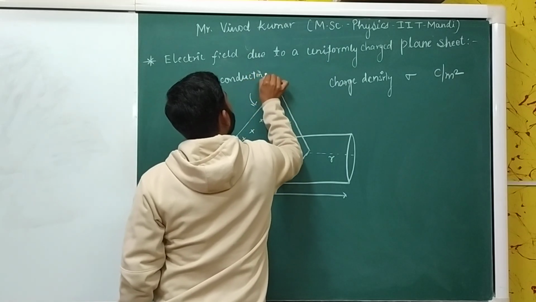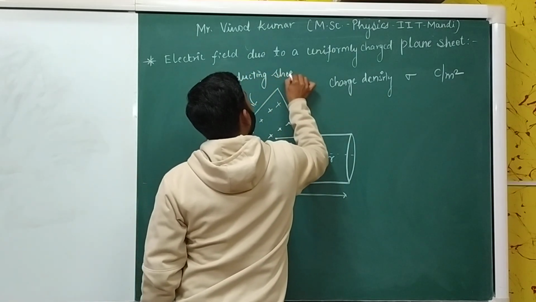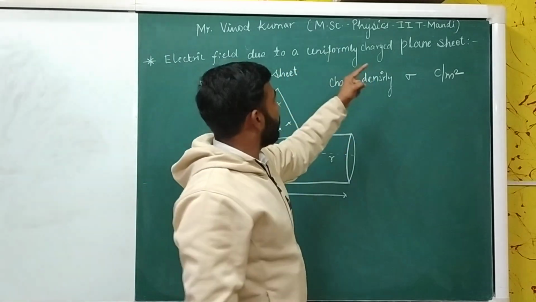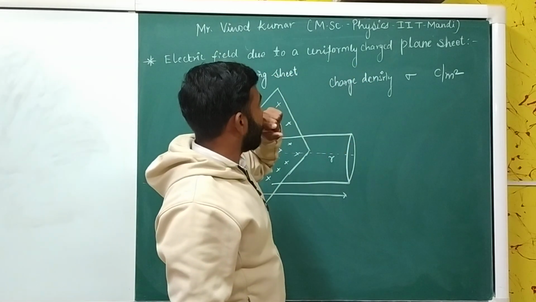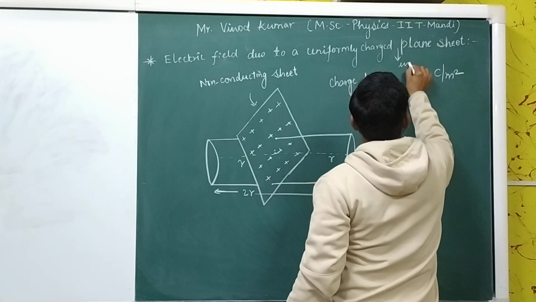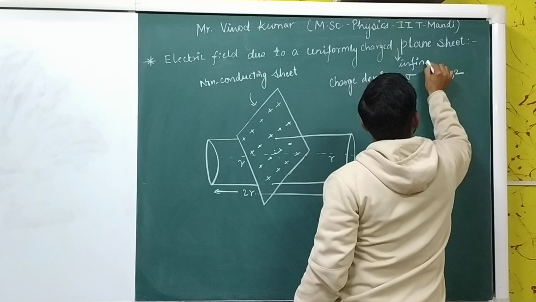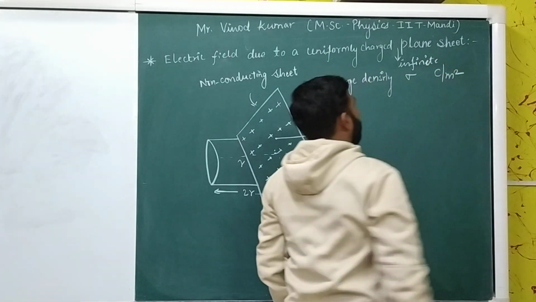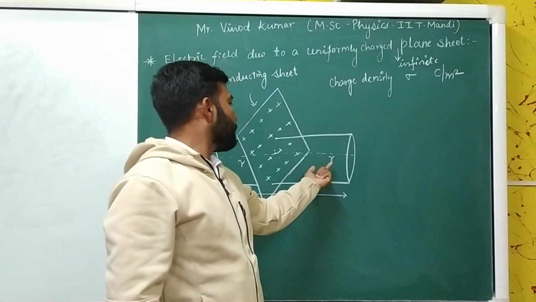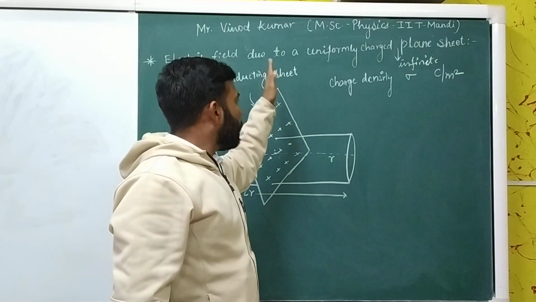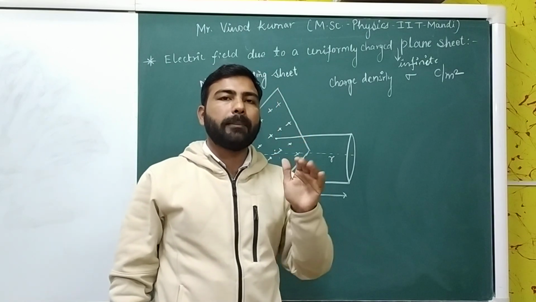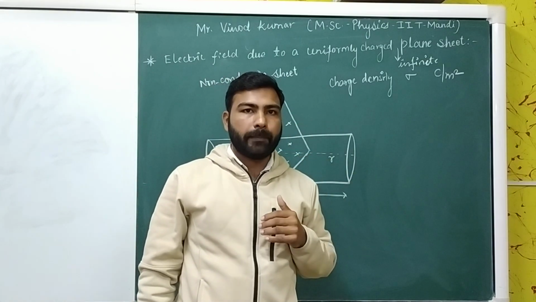Why do we say it is an infinite plane sheet? Because the distance r, as compared to the size of the plane sheet, is very small. That is why we can say that the sheet is infinite.